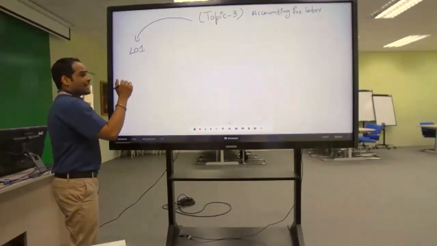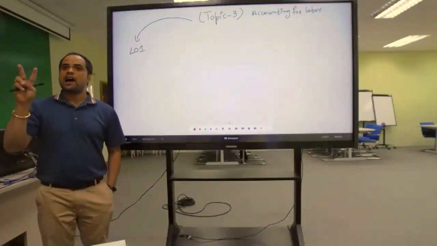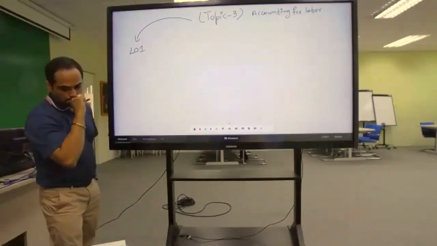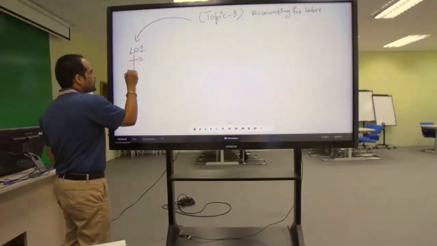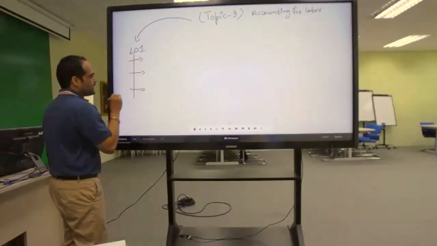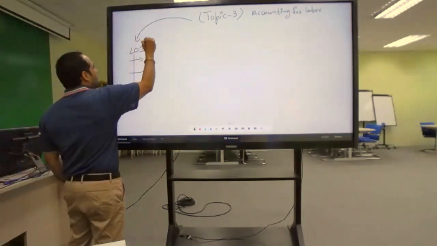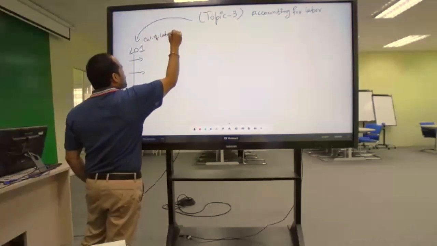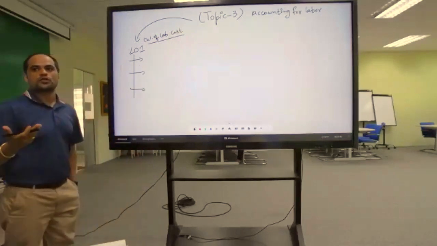If you want to calculate the cost of labor, we have three methods, right? In these three methods, I will write down here, calculation of labor cost. How do we calculate the cost of labor?